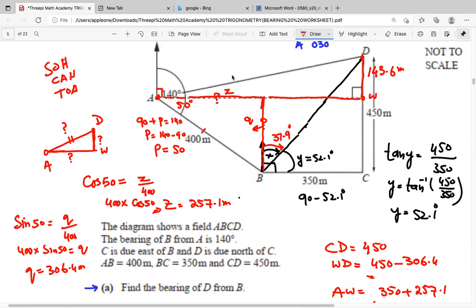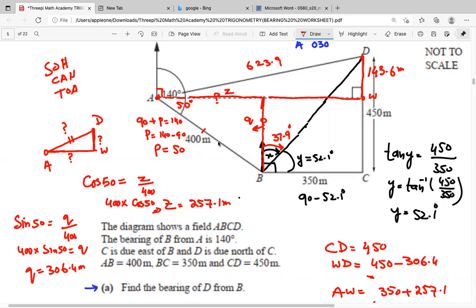A to B we have 400. B to C we have 350. C to D we have 450. D to A we got 623.9. So let's add all these sides. 400 plus 350 plus 450 plus 623.9.